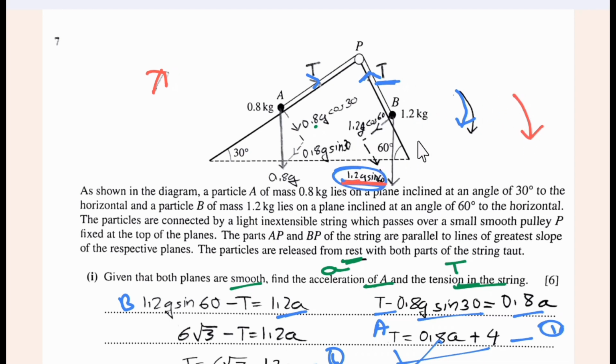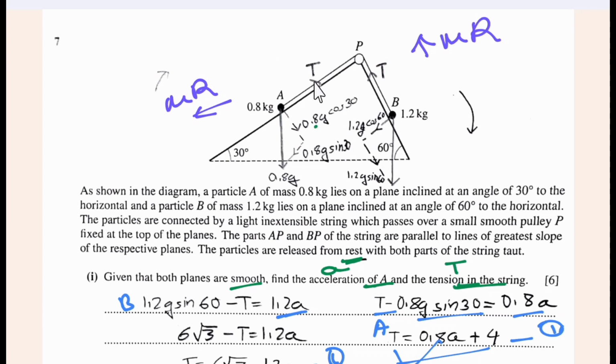So we know the downward weight and the upward tension T. Since B is moving downward, friction would act upward, so friction is mu R, and since A is moving upward, friction would act downward, that is mu R.